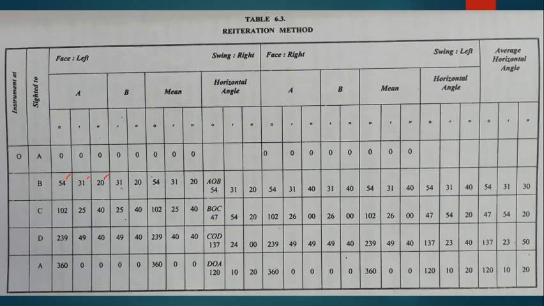Similarly, on vernier B, the coincidence is 11 minutes and 20 seconds only, but the 20 minutes of the vernier A main scale is to be considered at vernier B also. Therefore 20 plus 11 is 31 minutes and 20 seconds. This is again important. If you enter only the vernier coincidence of vernier B, that is 11 and 20, it would be a blunder. There would be a huge difference between the two, and finally it will give a wrong reading.